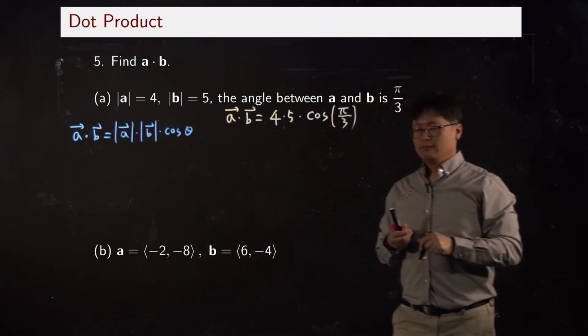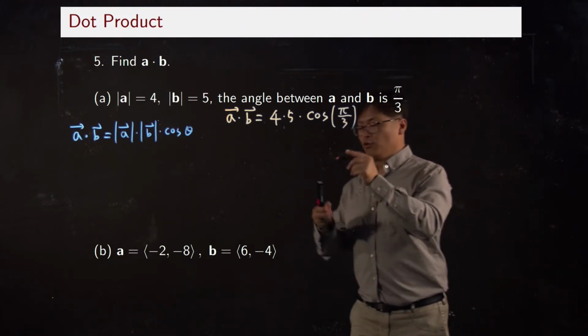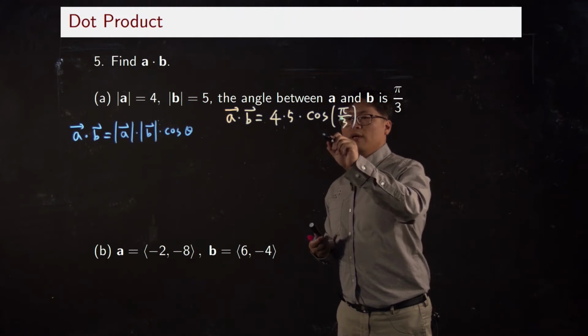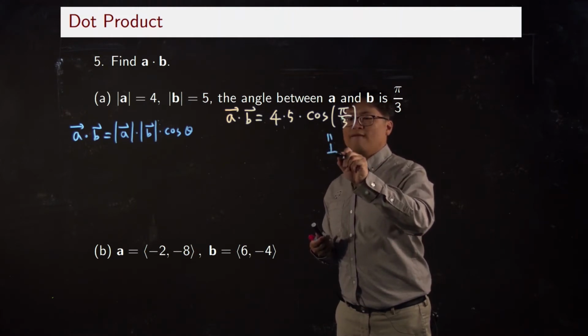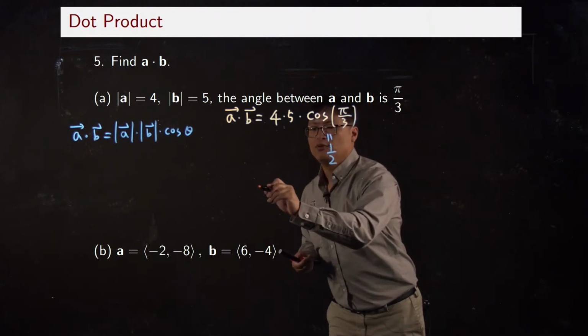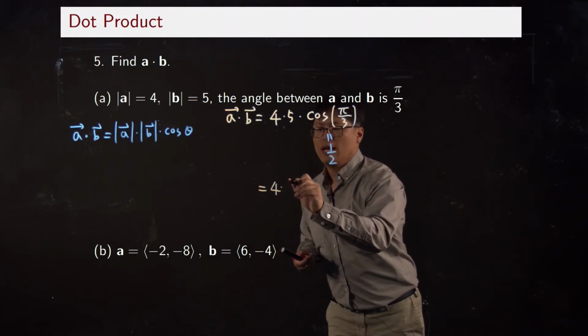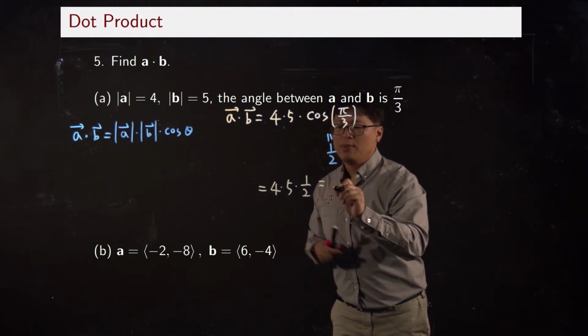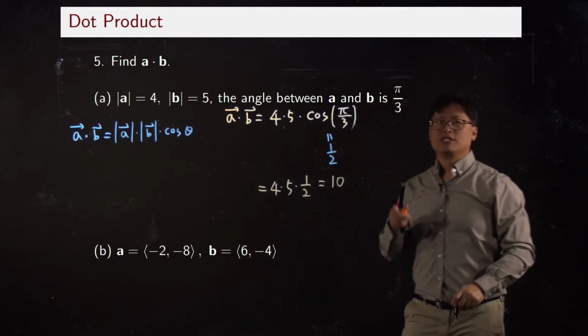It is 60 degrees. Do you remember this value? Cosine pi over 3 is equal to 1/2, right? So it is equal to 4 times 5 times 1/2. So the dot product between A and B is 10, which is a scalar value.